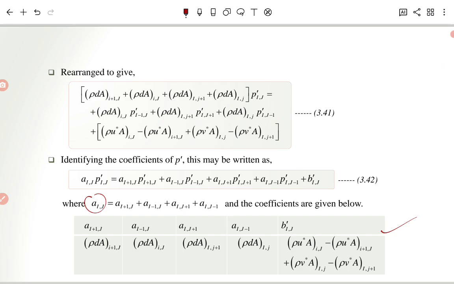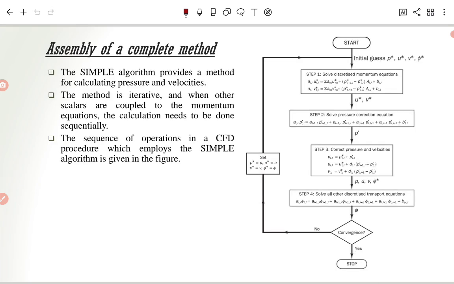So from all the equations with capital and small letters, what we can simplify is how this SIMPLE algorithm works.